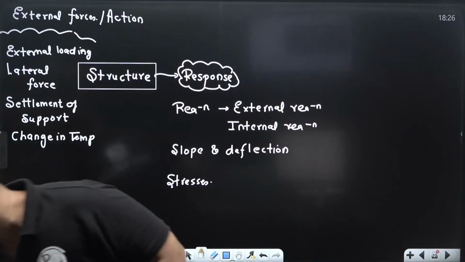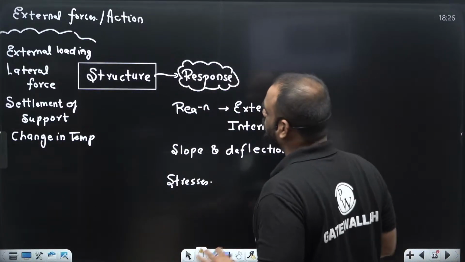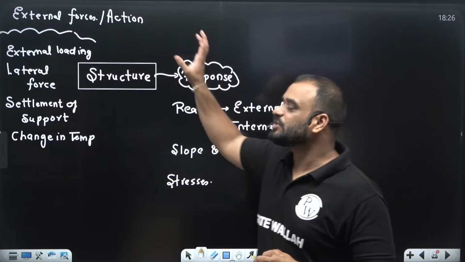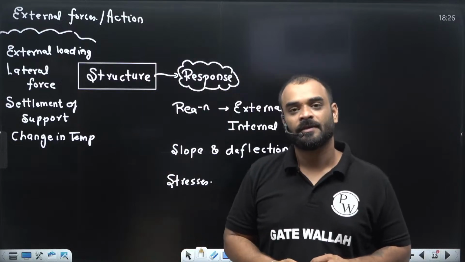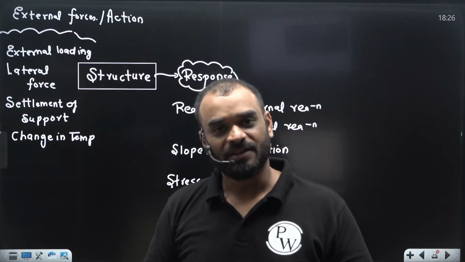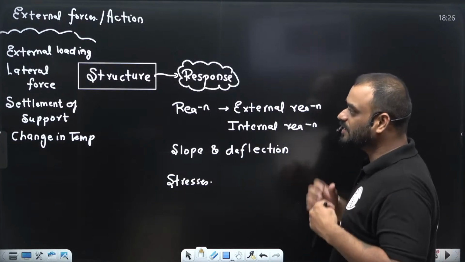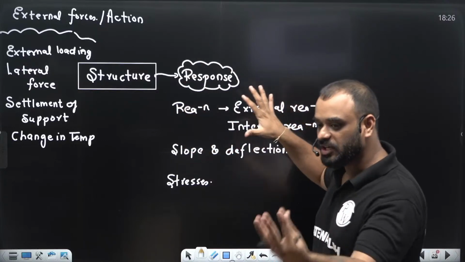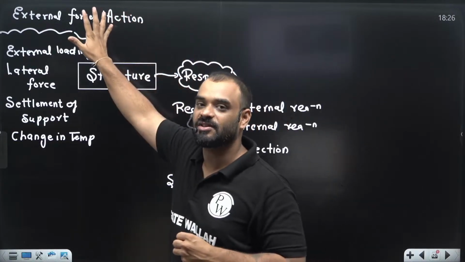So that means structure analysis is nothing but finding out the response values which are developed due to some external forces or external action. That is known as structure analysis. Understood, sir. That means in our structure analysis subject, we need to calculate the values of these types of responses due to some external action.